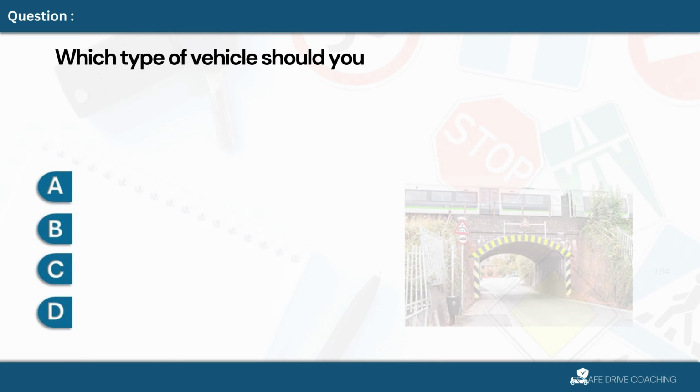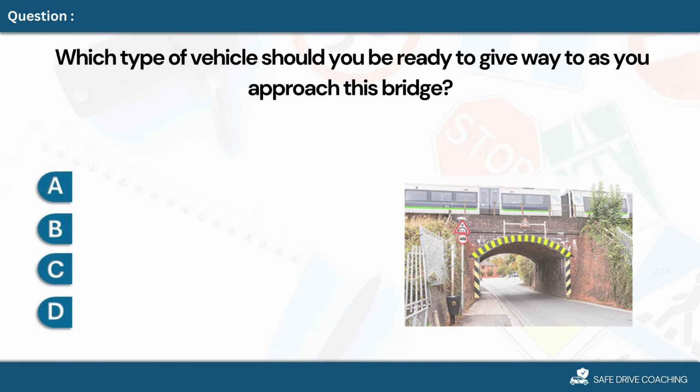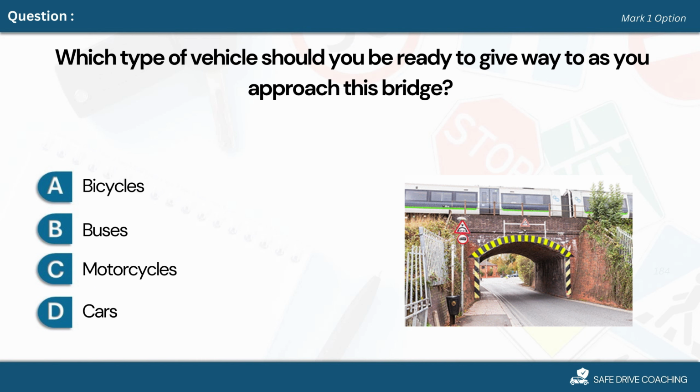Which type of vehicle should you be ready to give way to as you approach this bridge? A. Bicycles. B. Buses. C. Motorcycles. D. Cars.